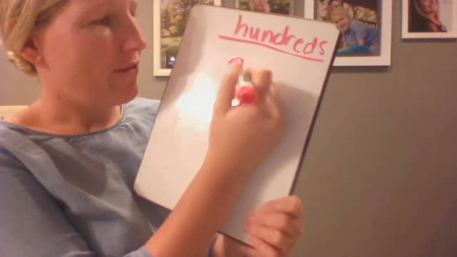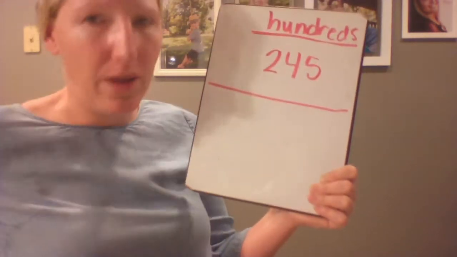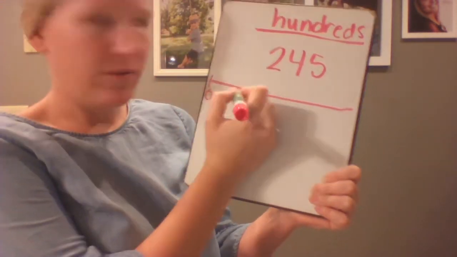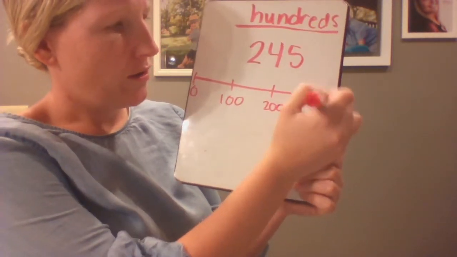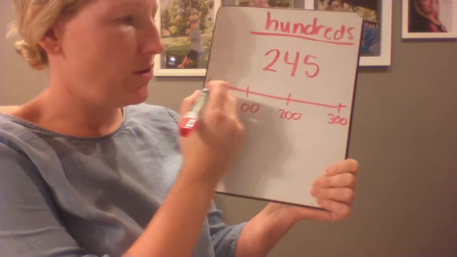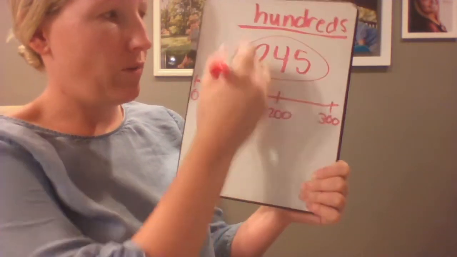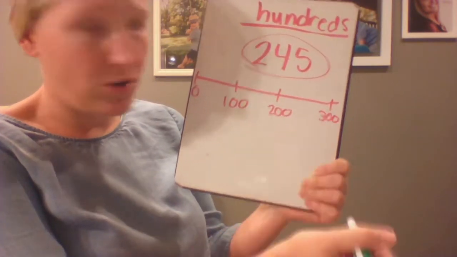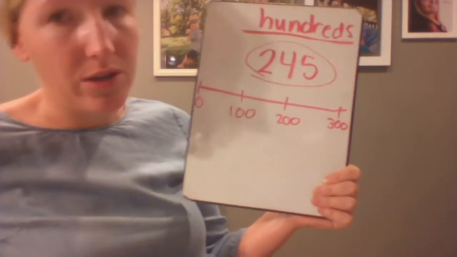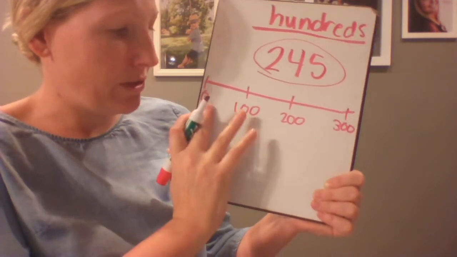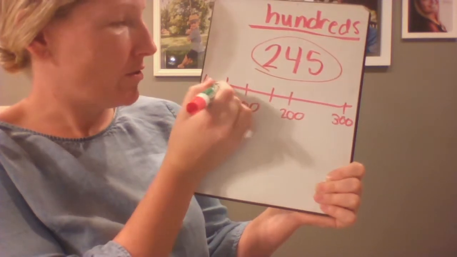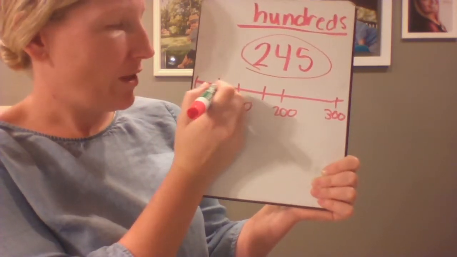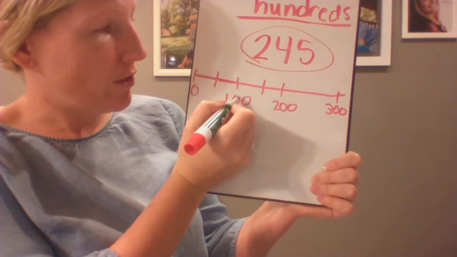So now if we have the number 245, you could do it the number line method, where you have 0, 100, 200, 300, and so on and so forth. And you need to figure out where that number falls on your number line of hundreds. But it's also important to have some knowledge of the halfway points between 0 and 100, so it can help you decide whether, if it falls in between here, you would round down to 0. If it falls in between here, you would round to 100.